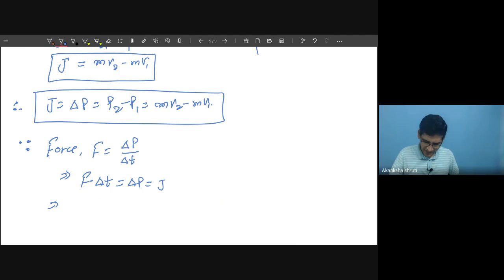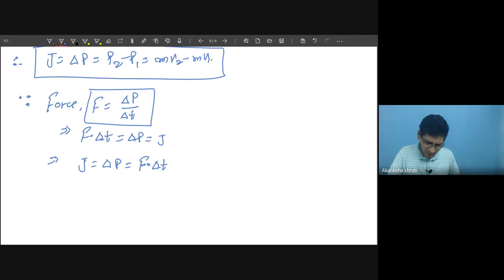So this implies J can be delta P. It can be your F into delta T also. Just by applying the definition of force, we have just rearranged it. So it is this one.